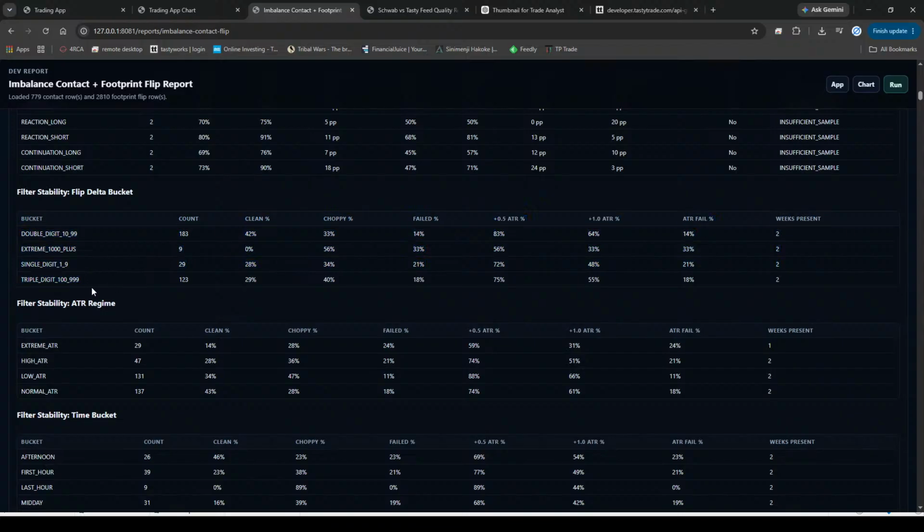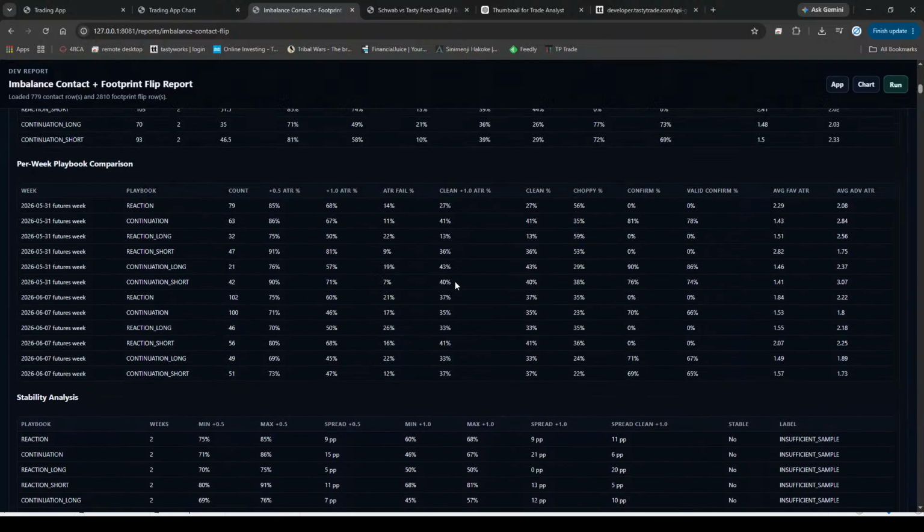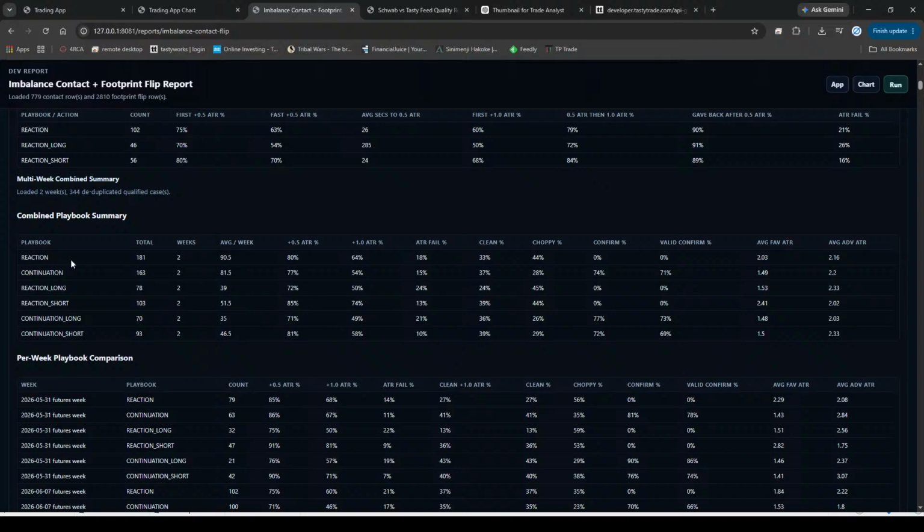And what we've been finding is that the double digit overall hits at a higher rate than if I was just looking at flips. But if I take the flips and break it down, if we look up here, we have the reaction and the ATR was at 80% for 0.5.